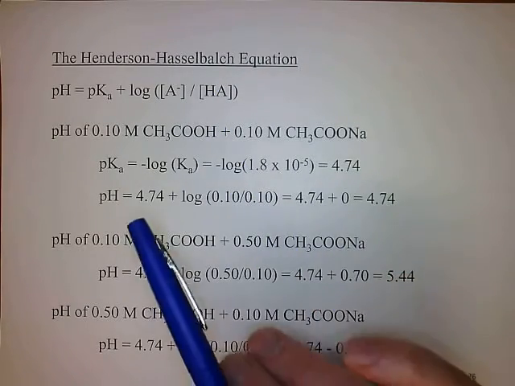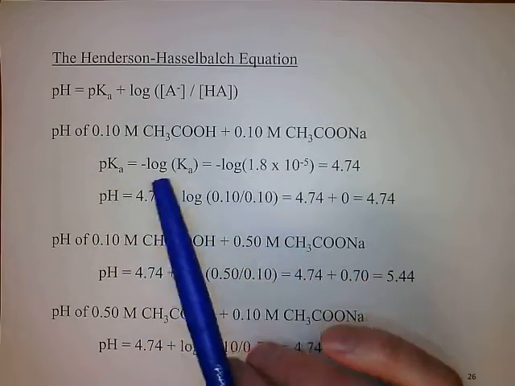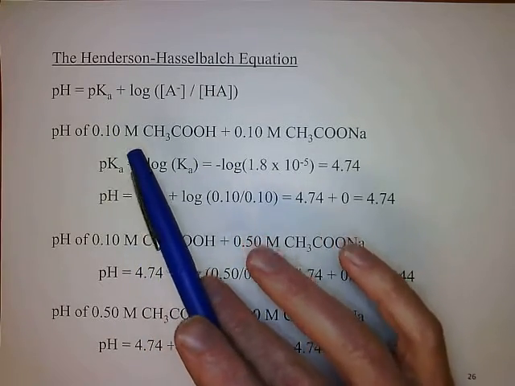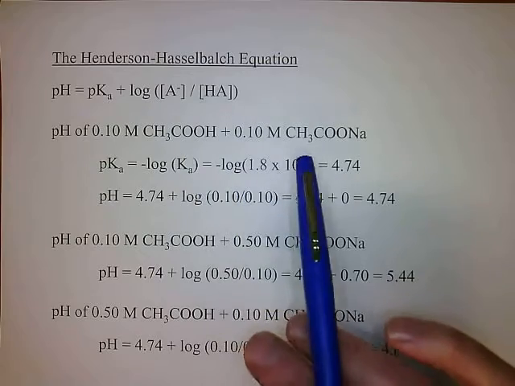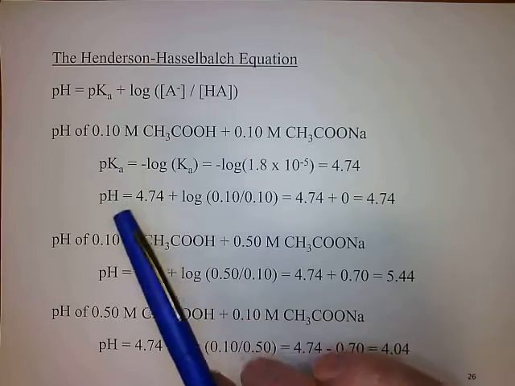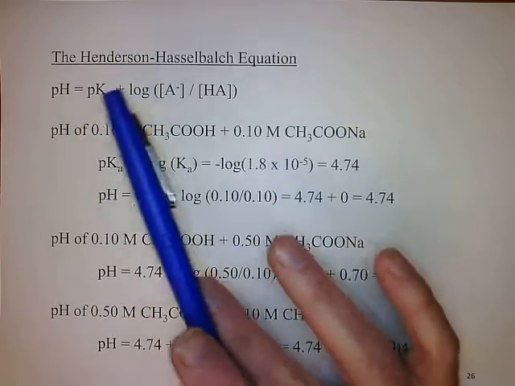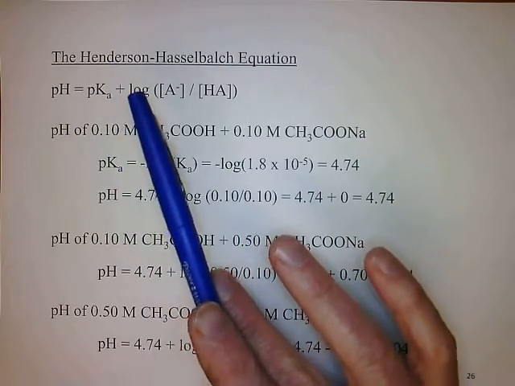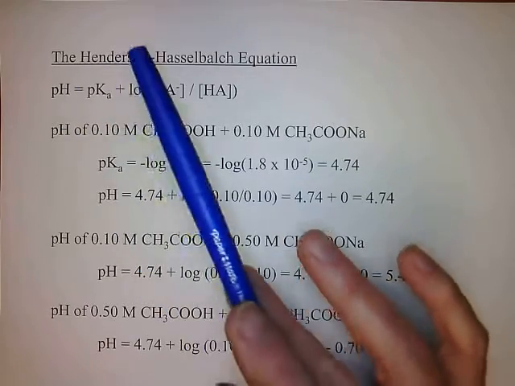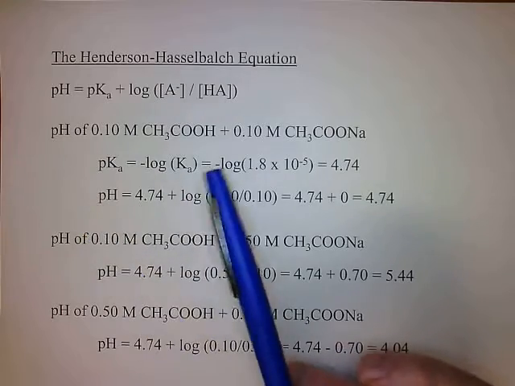Okay, so for example, what's the pH of this buffer? Let's go through these same calculations one more time. So what if we add 0.1 molar acetic acid and 0.1 molar sodium acetate? Okay, so pH is pKa. Now one more time, here's this pKa again that I mentioned previously. Remember, P means negative log, so pKa is the negative log of the Ka.